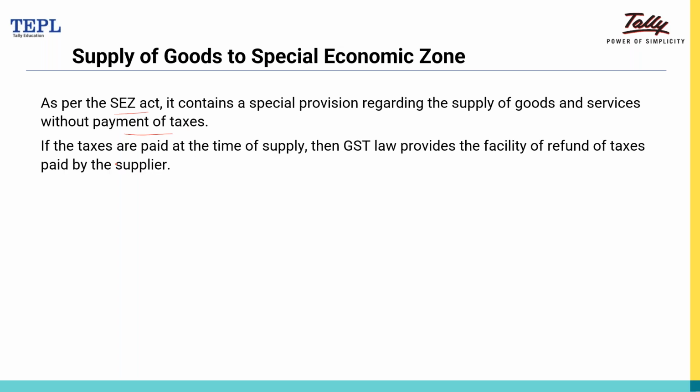If the tax is paid at the time of supply, then GST law provides the facility of refund of taxes paid by the supplier. Suppose Mr. A is a normal supplier and Mr. B is an SEZ supplier.